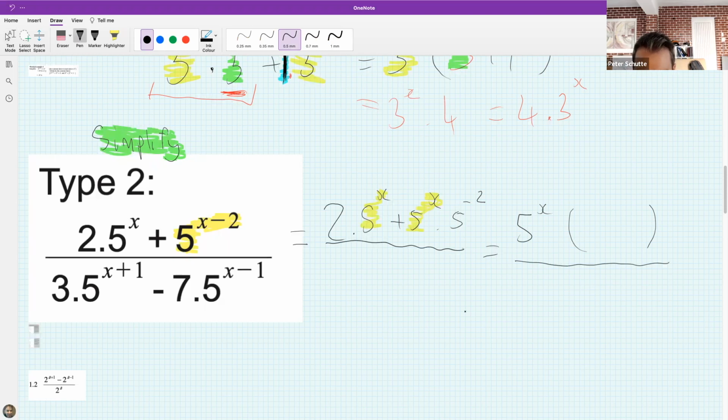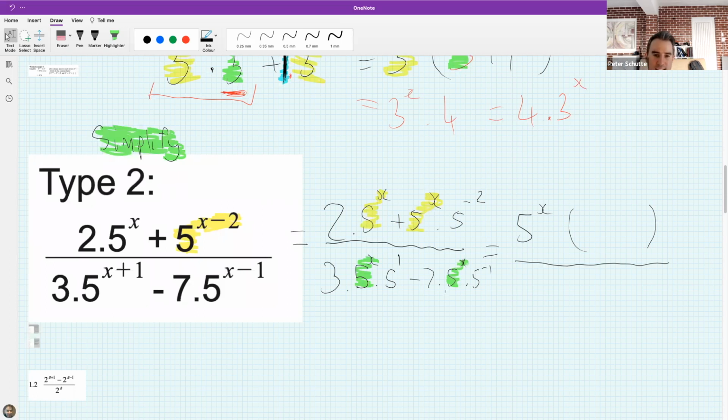Now I want you to look at the bottom line. And I want you to tell me what is the common factor for the bottom line. So everyone, I can see in the chat that you are telling me it's exactly the same, and you are completely correct.